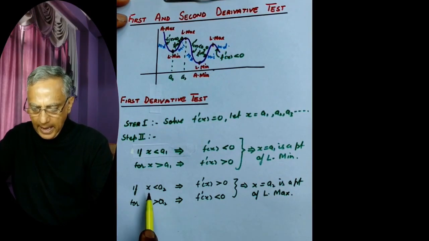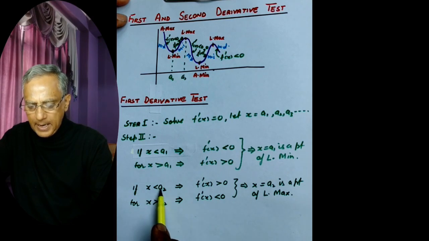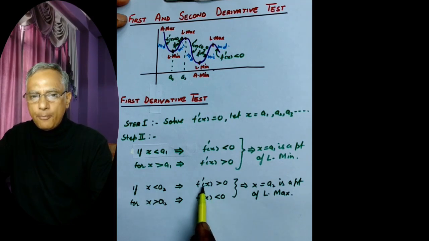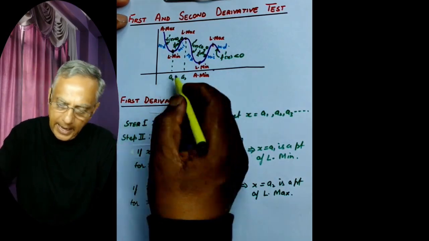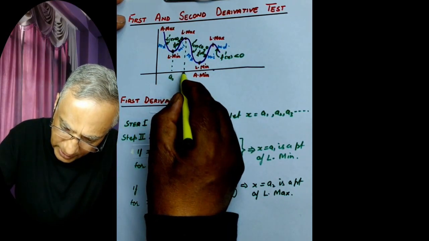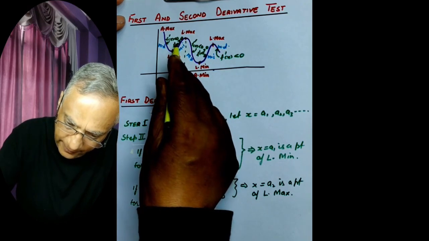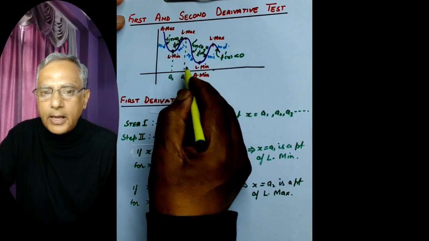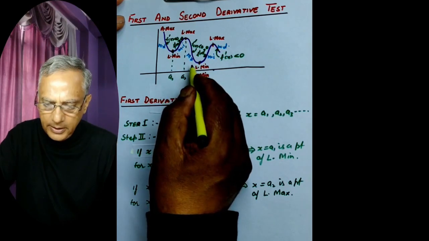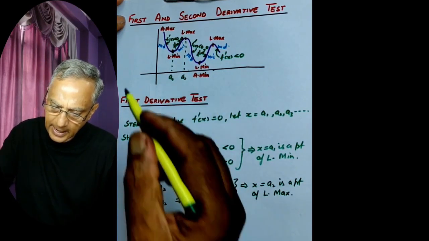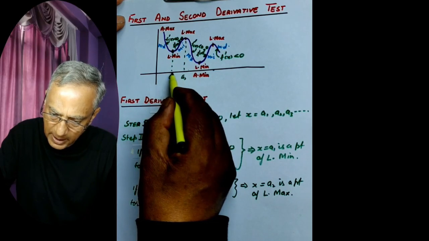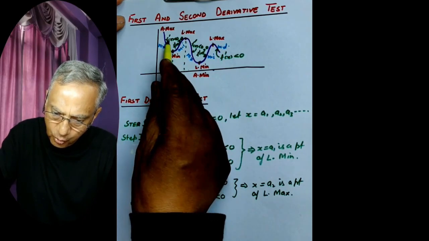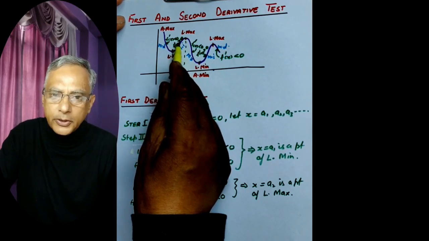As we increase x past a2, the sign of the derivative changes from positive to negative. And as we increase x past a1, the sign of the derivative changes from negative to positive.